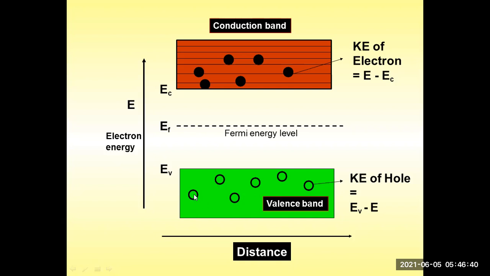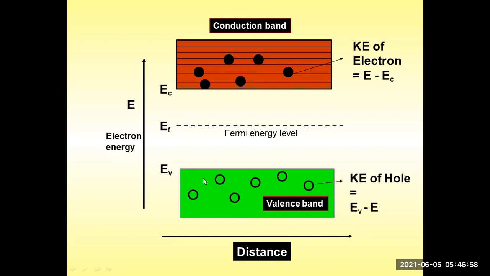As the electrons move from the valence band to the conduction band, this is the way the electrons move inside the conduction band, and this is the movement of either the holes or the electrons.